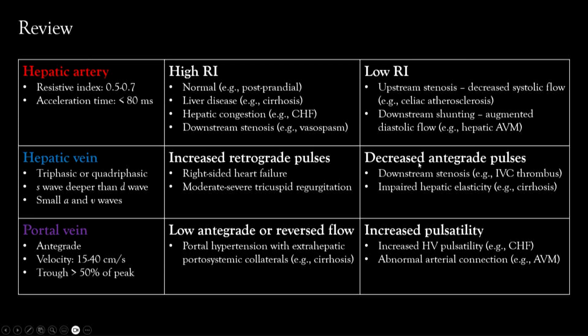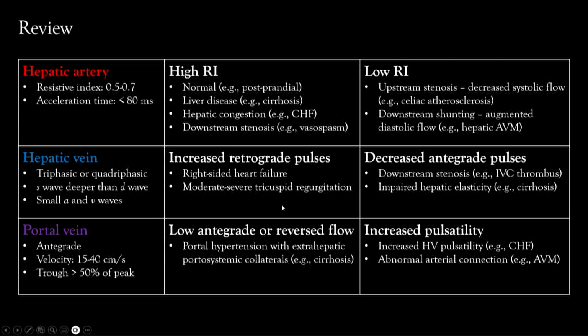In contrast, if we see those decreased antegrade pulses, so the S and the D waves become blunted, or you basically just see continuous antegrade flow, you're going to think that there's something downstream that's obstructing the vessel and kind of sheltering or sequestering the hepatic veins from what's going on in the right atrium. So think about downstream thrombosis, Budd-Chiari syndrome, IVC thrombus, or some sort of neoplasm that's growing into the IVC. Sometimes you can see this just with decreased hepatic elasticity with cirrhosis.